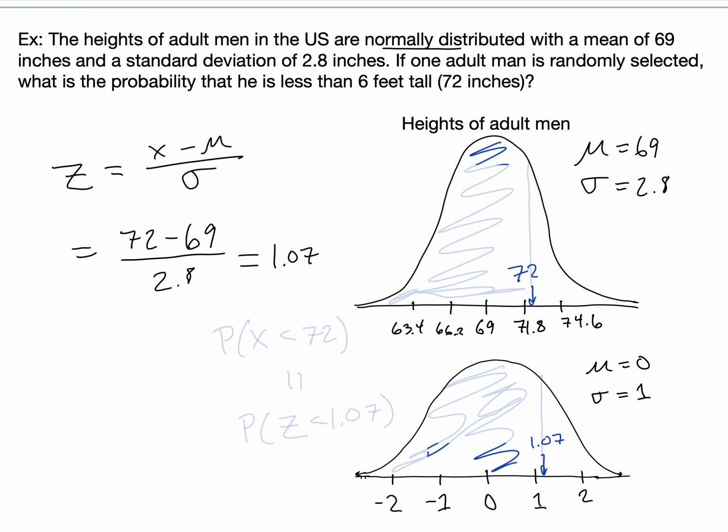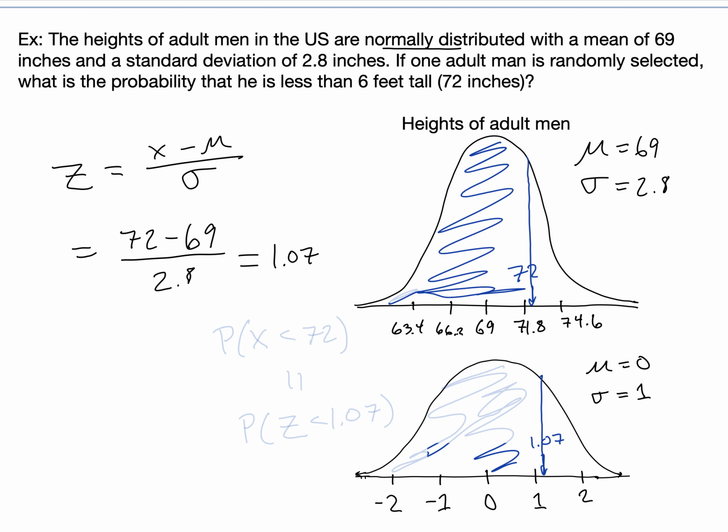In previous videos, we figured out how to find probabilities for the standard normal distribution, and we could either do that with a table or with a computational device. And basically, the probability that we are less than this value of 1.07 on the standard normal is equal to the probability that we're less than 72 in this distribution.